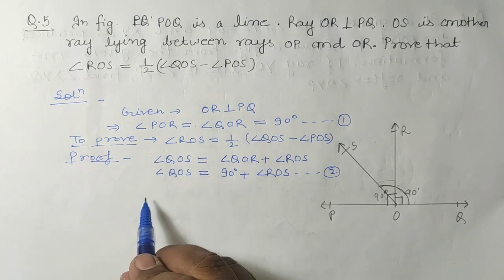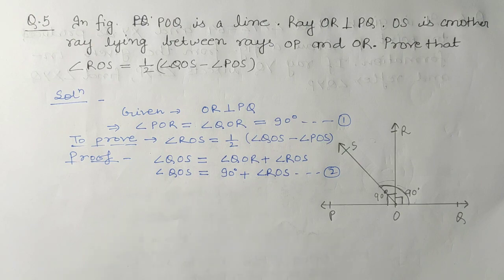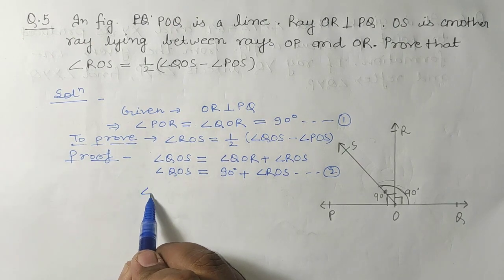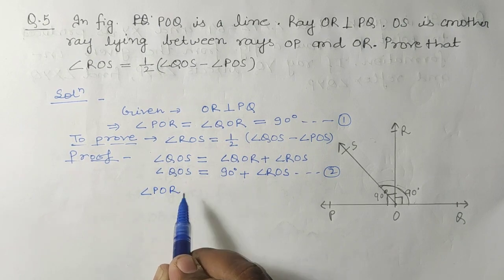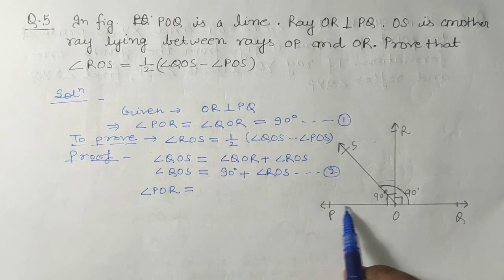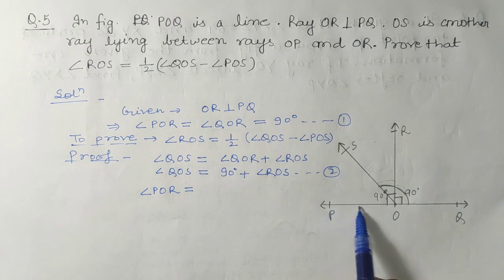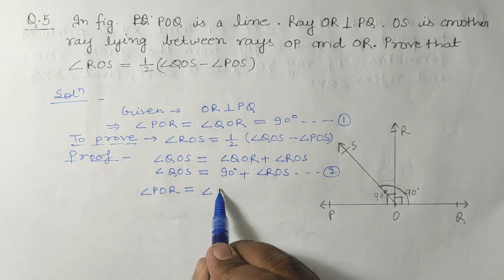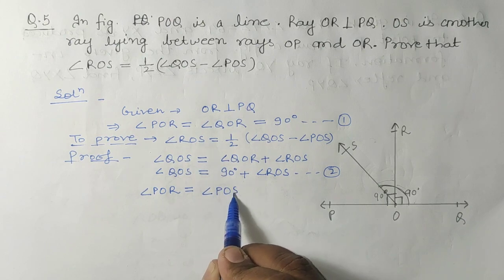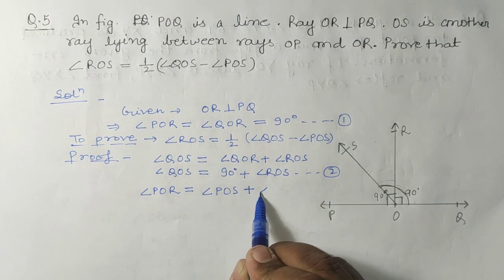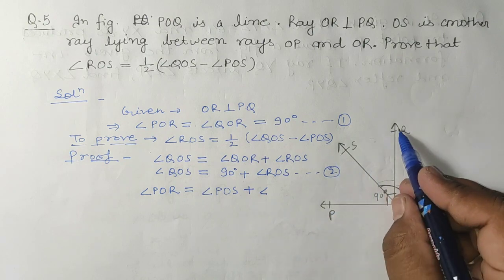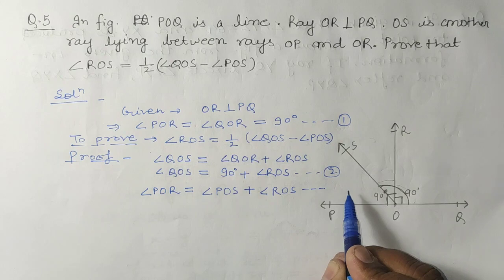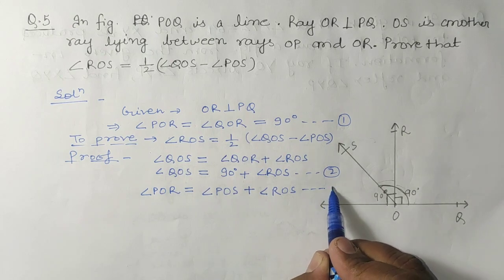Now we'll write the value of angle POR. POR is the sum of angle POS and angle ROS. Suppose it is equation number 3.